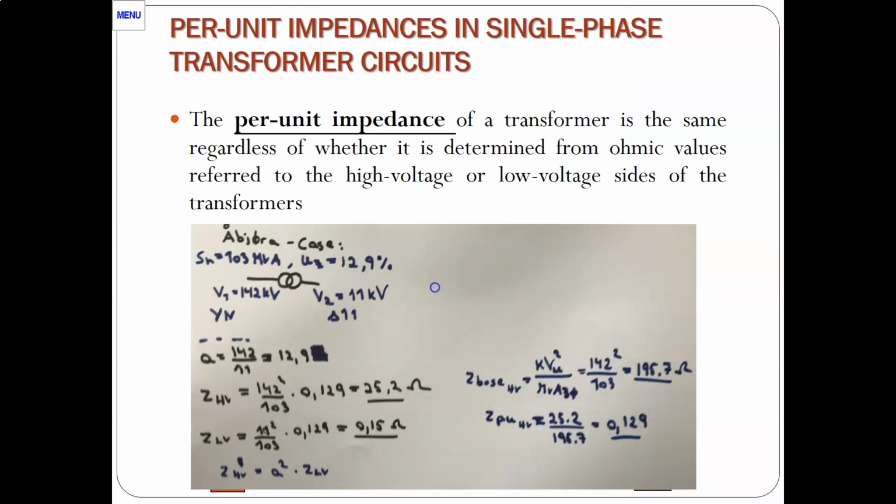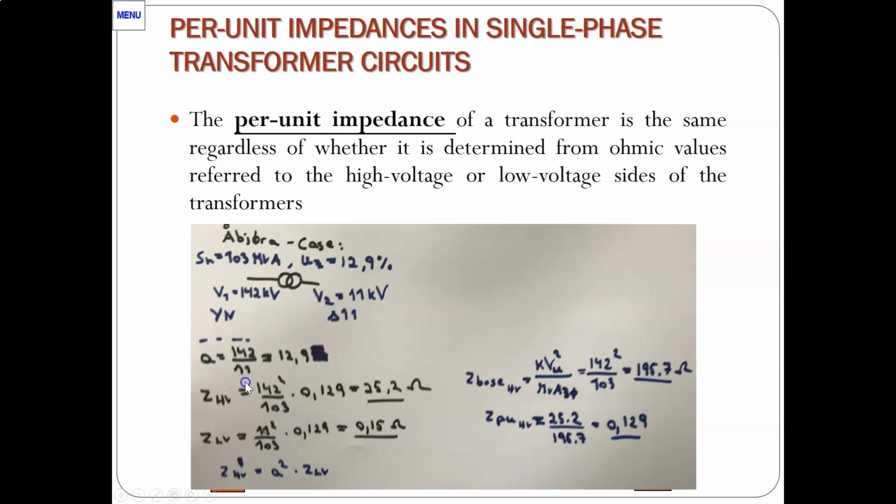The per unit impedance of the transformer is the same regardless of whether it is determined from ohmic values referred to the high voltage or low voltage side of the transformer. So you can see in this case, as I said, the Åbjøra, it was 103 MVA, 12.9% of impedance, and then there is a voltage V1 and V2 side.